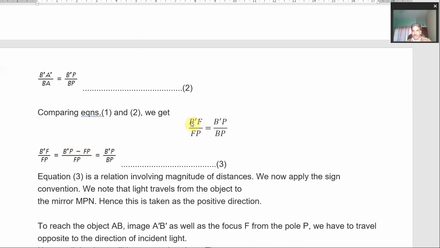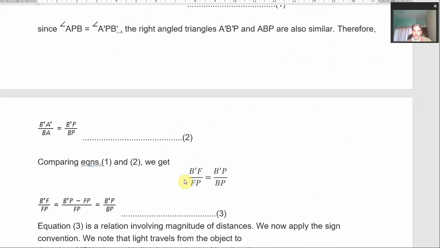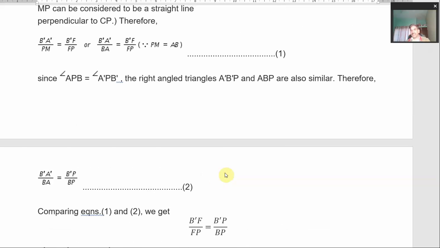So in place of B'F we are writing B'P minus FP, the remaining distance being B'F. In the denominator it is the same FP. On the right hand side it is also the same, B'P upon BP, because all distances according to the sign convention are to be measured from the pole of the mirror.